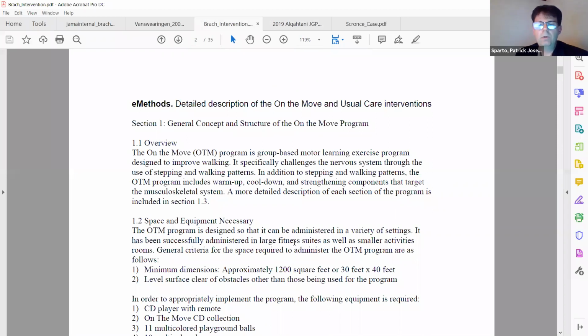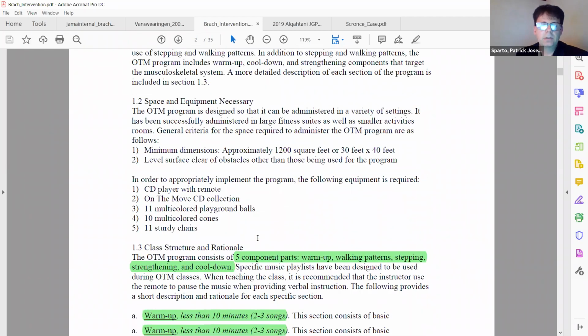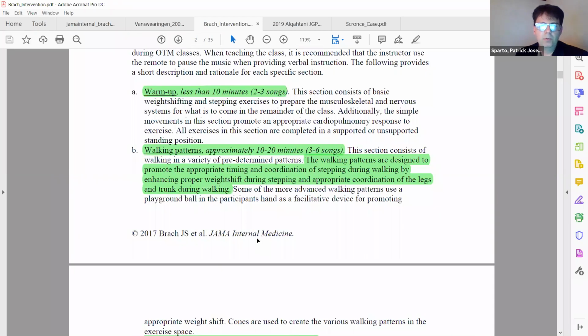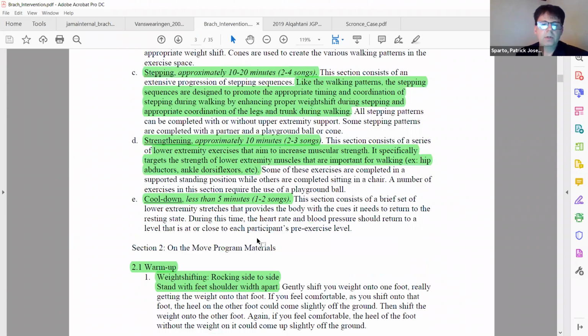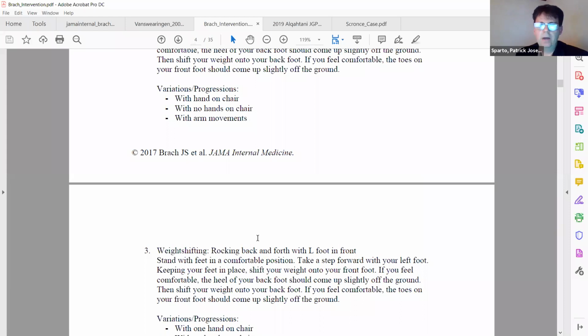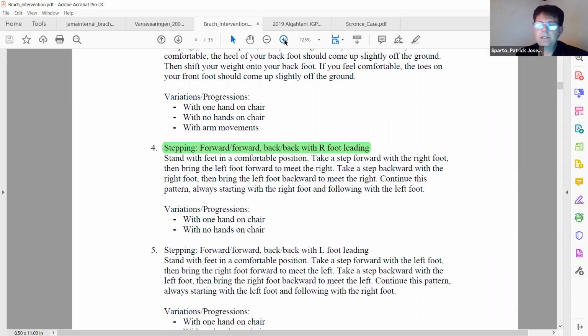If you want to implement a program similar to this, I highly recommend that you go to this. Just to give you an example of the walking and stepping patterns that are done, I'll scroll down and increase the size here.